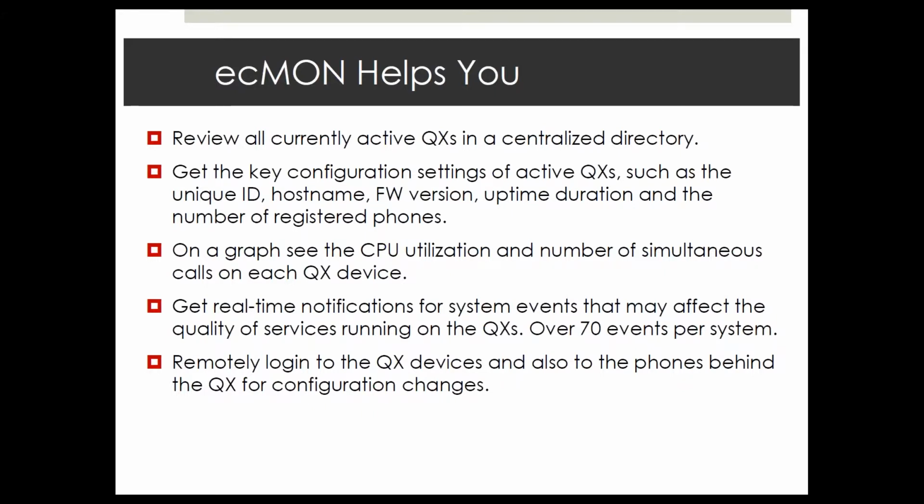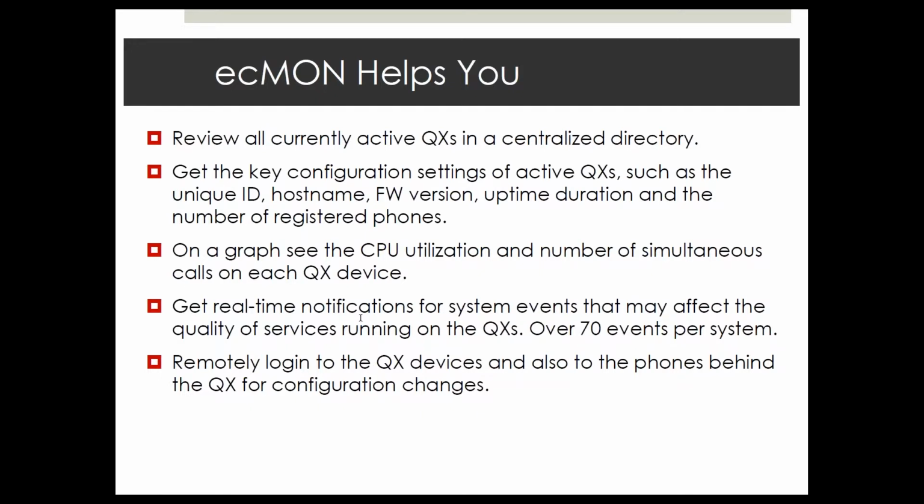So with ecMON, you can see a directory assigned to you, and again, you can have a combination of all three types of devices. You're going to be able to see in the table, first of all, whether your devices are active and communicating with ecMON or not, and they will come up in red when they're not available. You're going to see that, and you're going to get a notification of that also.